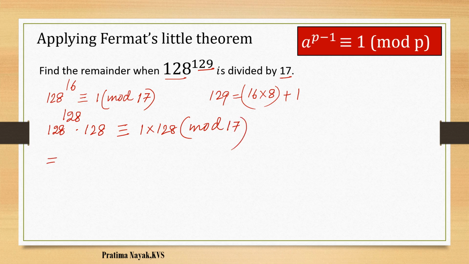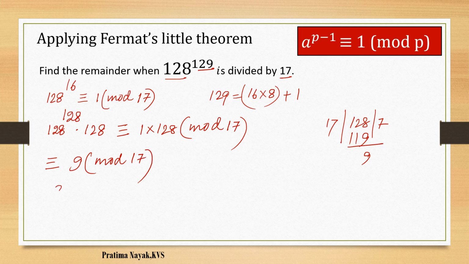So when 128 is divided by 17, 7 times 17 is 119, we get 9 as the remainder. So this is congruent to 9 modulo 17. So 9 is the remainder.